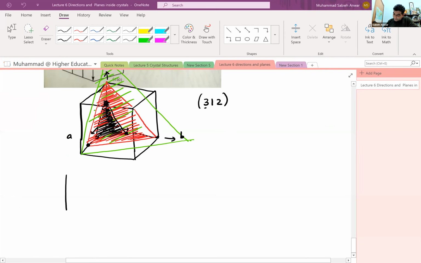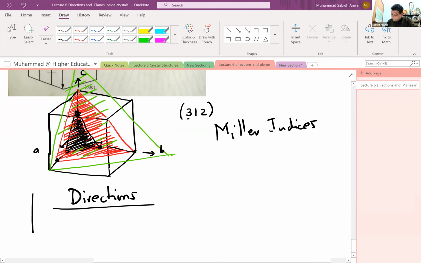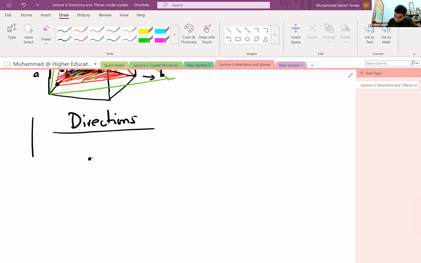All right. So I've talked about Miller indices. Now I need to talk a little bit about directions. Directions is the easy stuff. So if I draw a lattice, and this is just a two-dimensional projection of a lattice, let me take the liberty of now drawing a monoclinic lattice.